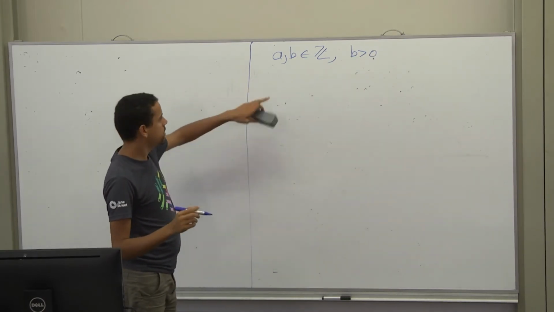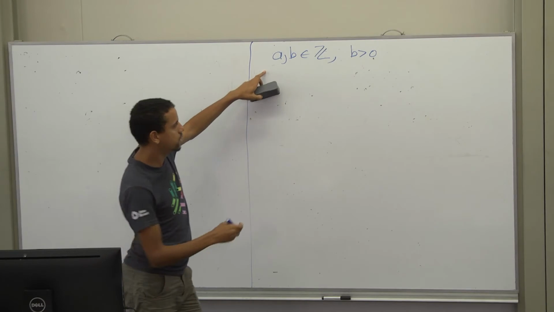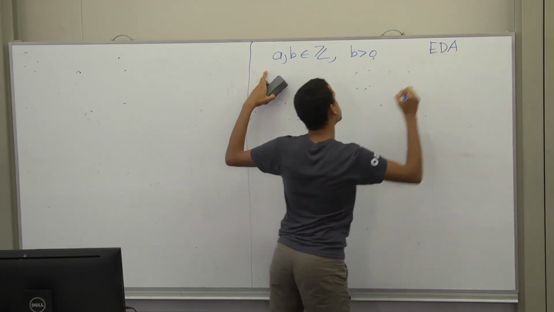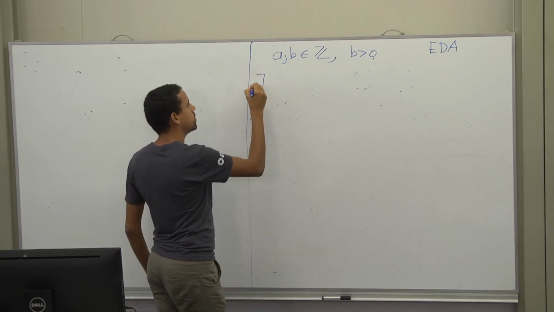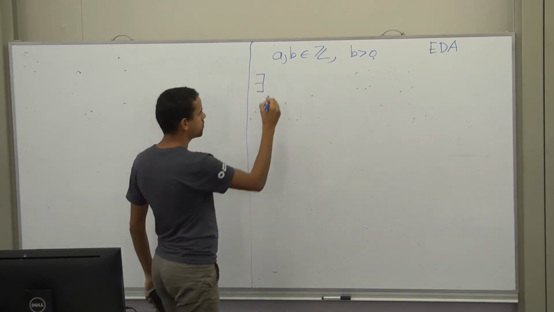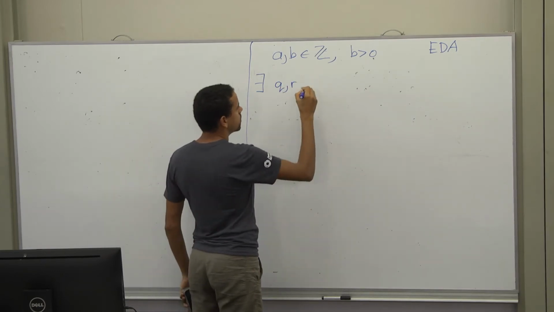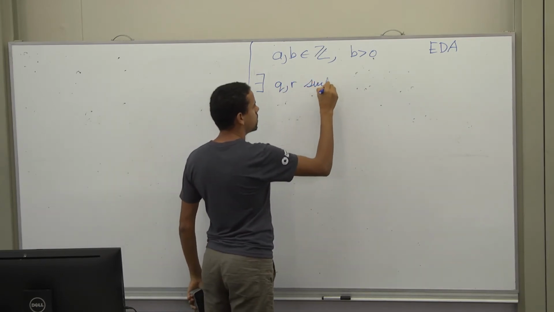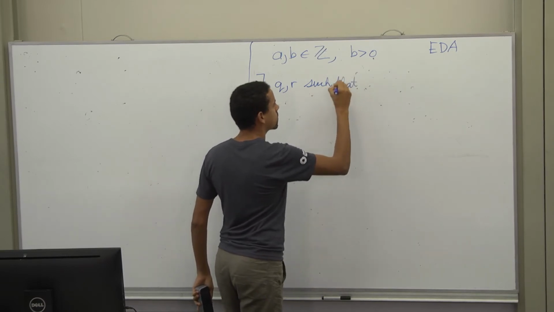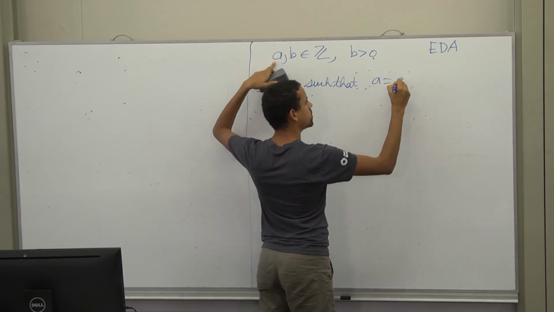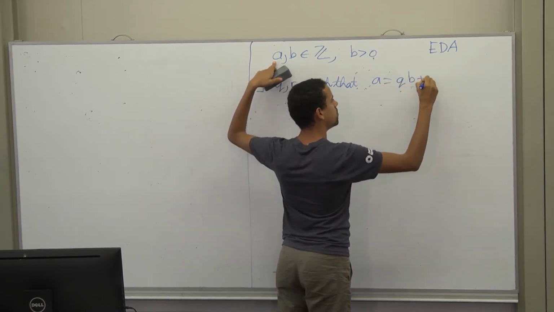That's the situation, and then the Euclidean division algorithm tells you that there are two other integers, q and r, such that the first one, a, can be written as q times b plus r.